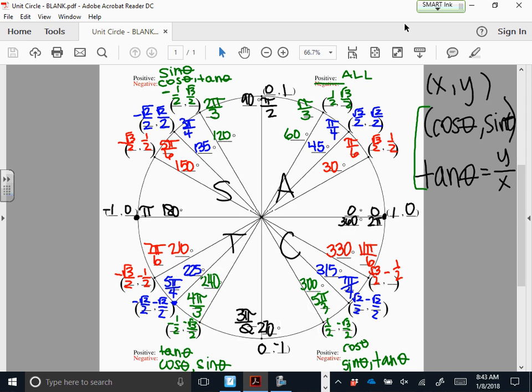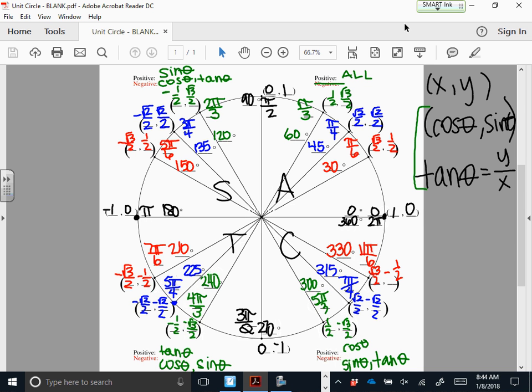It is undefined. If we take the reciprocal, that would technically be 1 divided by 0, right? The reciprocal is 1 divided by whatever you originally have. Now, the cotangent of pi over 2, what would that be? It would be 0.